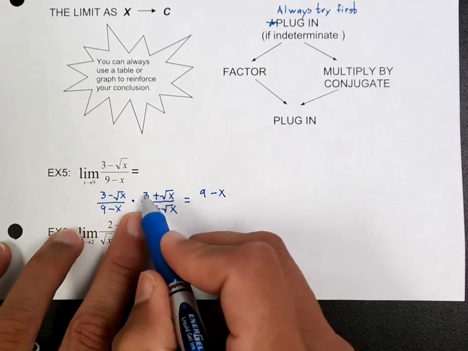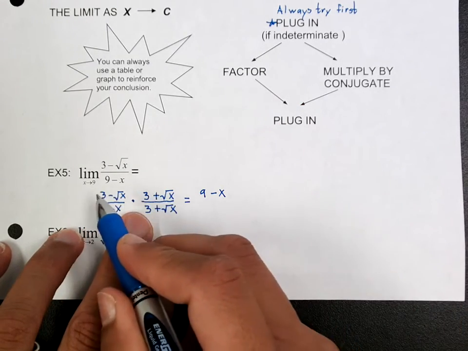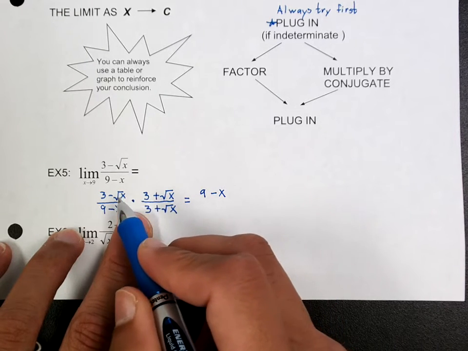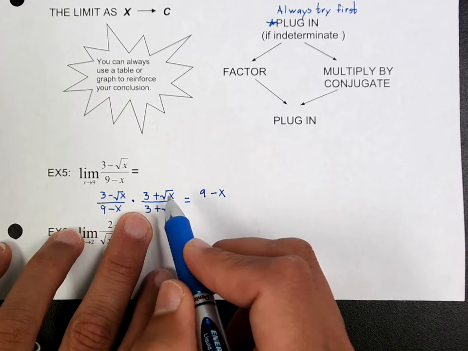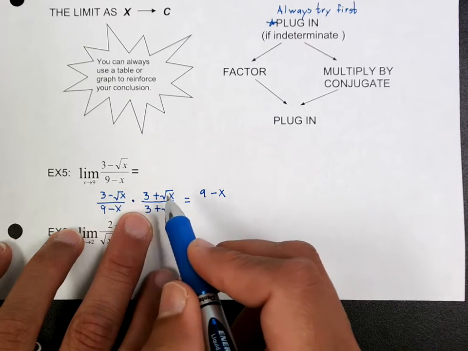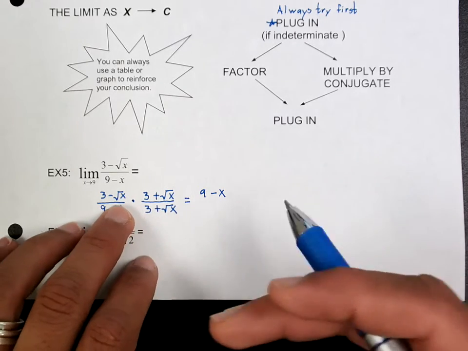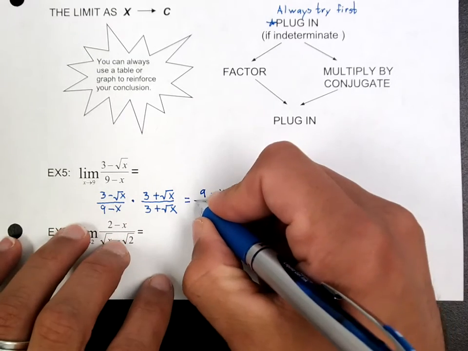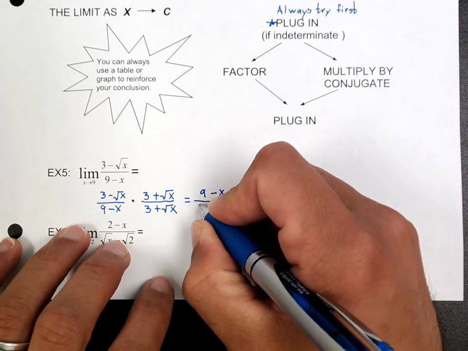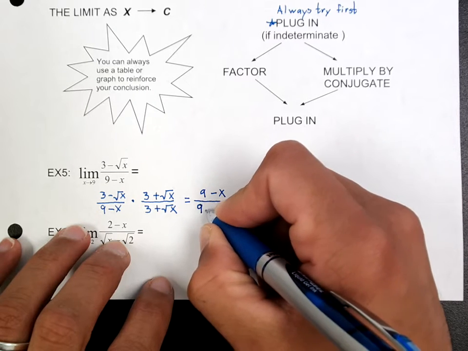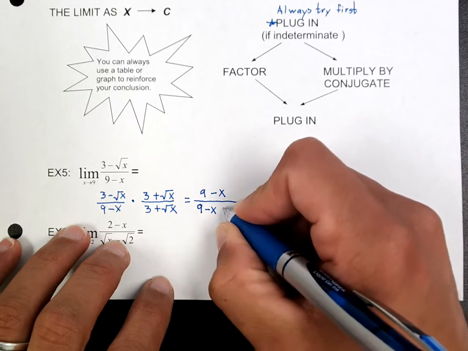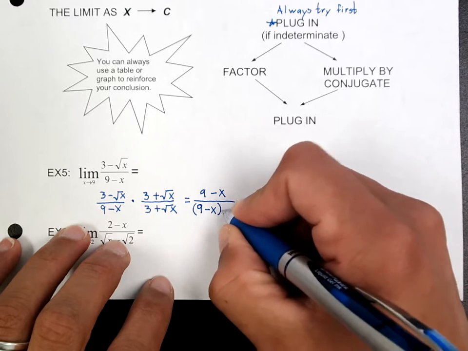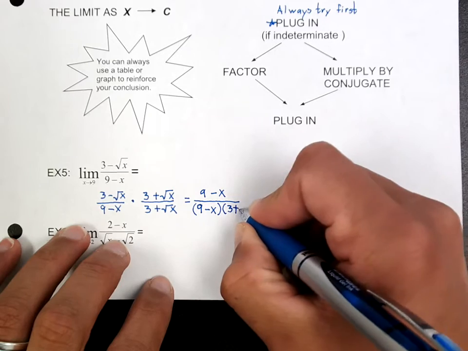If I FOIL, I would have 3 times 3, 3 times the square root of x, negative square root of x times 3, and then finally the negative square root of x times the square root of x, which gives me negative x. The middle term cancels, so make sure you understand that because you may miss this. On the bottom, there's not much I can do, so I'm just going to rewrite that: I have 9 minus x over 3 plus the square root of x.